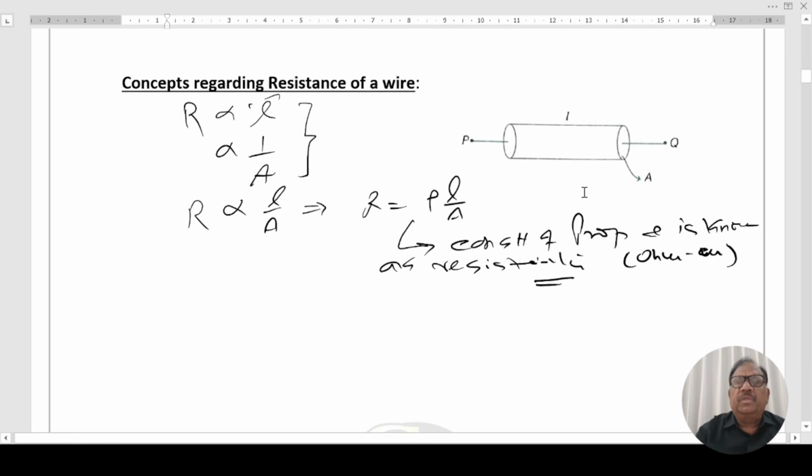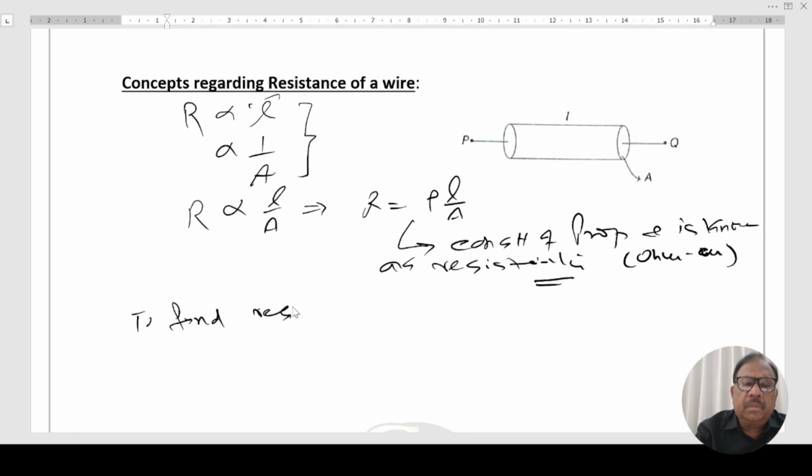Whenever we have to find the resistance, always two points or surfaces are defined.